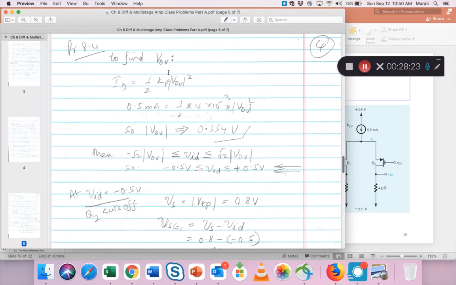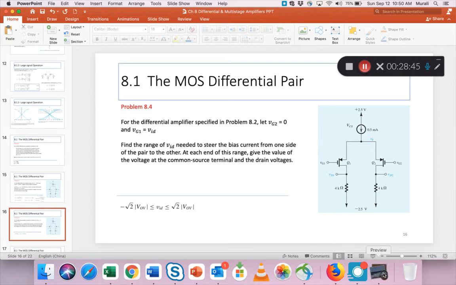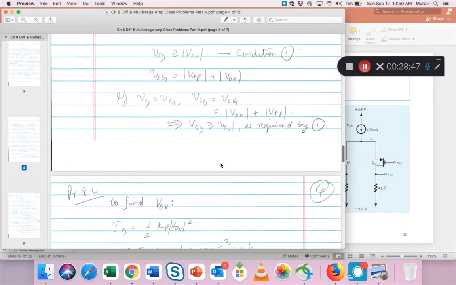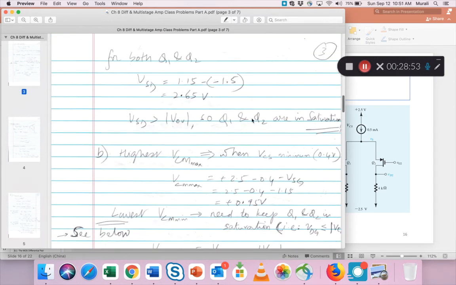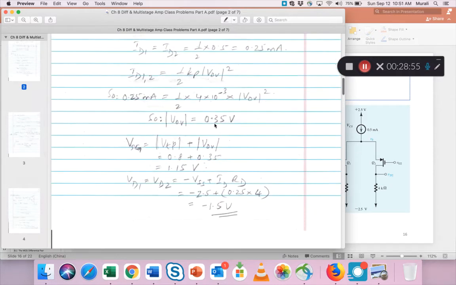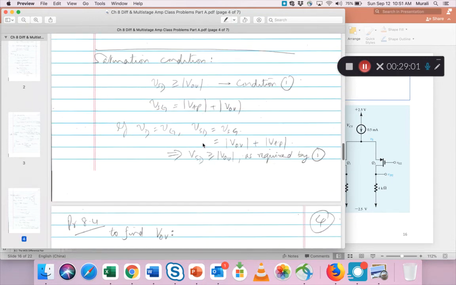Okay. First we need to find VOV, and I don't know if we found VOV here also. Yeah, we do find VOV. So maybe we have the same VOV. Yeah, we found the 0.35. So there's no need to calculate it twice.